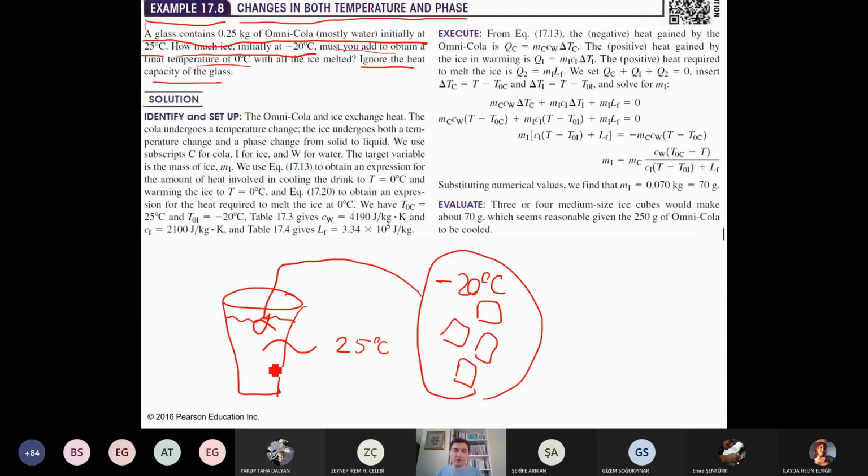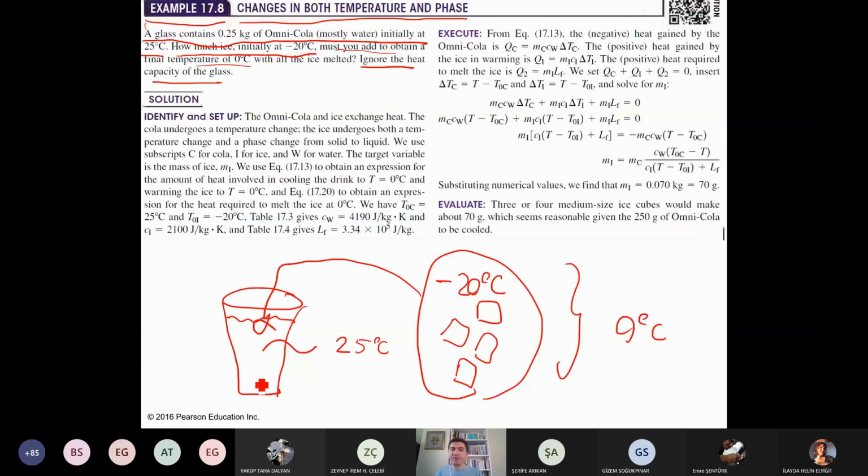But what we have here is liquid cola, and here we have solid ice, okay? And this solid ice will be melted. It will go from solid to liquid. So here we have a phase change, okay?